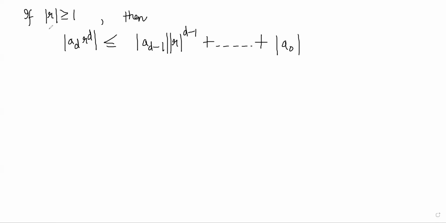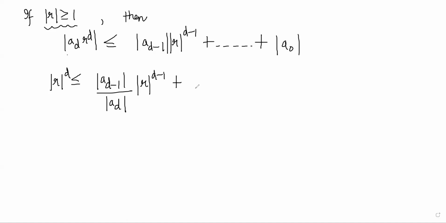And now if I assume mod of r is greater than or equal to 1, then what I can say is, I will isolate mod of r here. First I'll take mod of a_d to the other side. I'll get mod of r^d is less than or equal to mod of a_{d-1} by mod of a_d, mod of r^{d-1} plus terms like this plus mod of a_0 by mod of a_d. And then I will divide by mod of r^{d-1}.